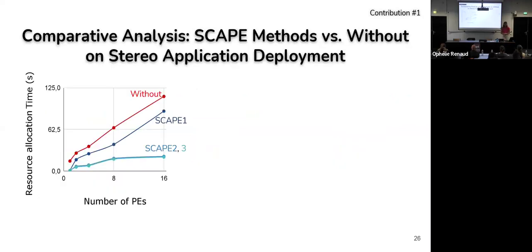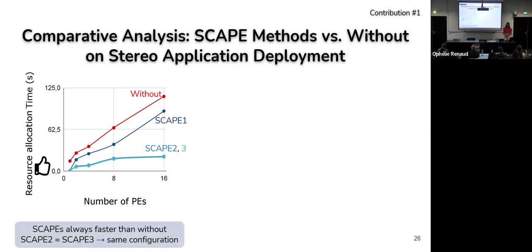So I'm going to compare the 3 versions of Scape with the method without any clustering optimization. Here, the axis represents the resource allocation time according to the number of processing elements. The lower, the better, and all Scape versions accelerate the process of allocating resources.